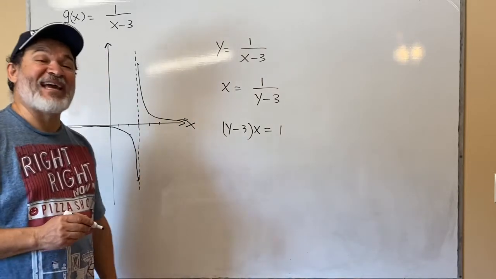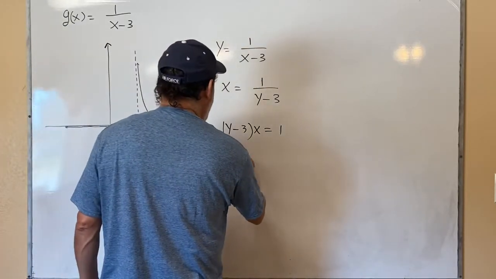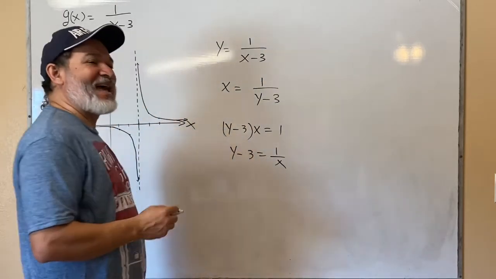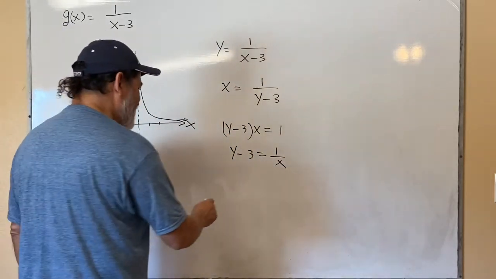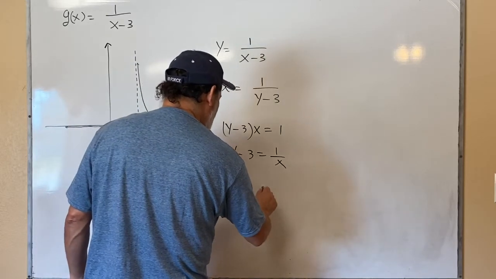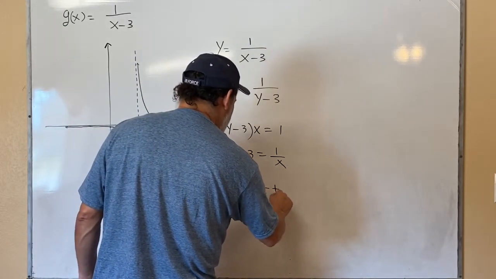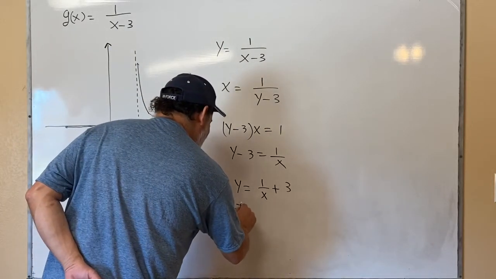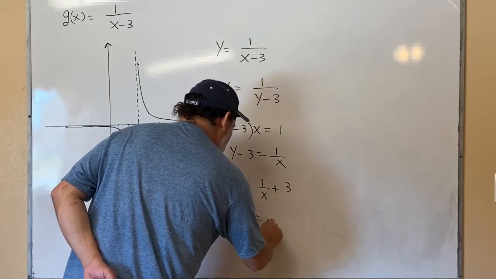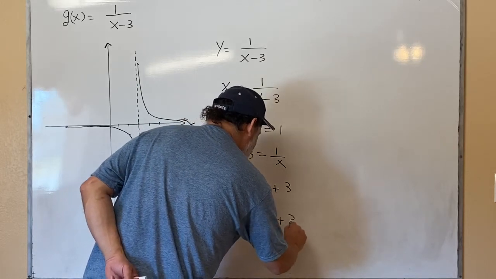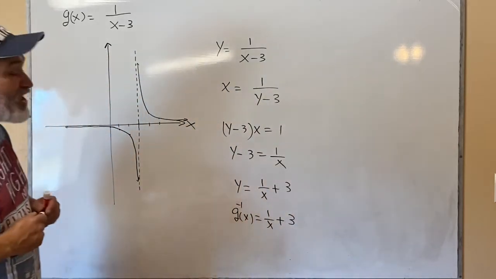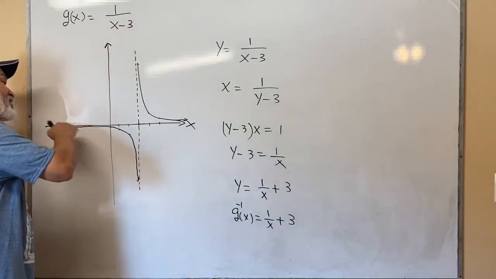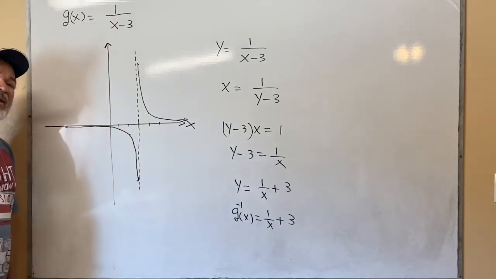Divide both sides by x. y minus 3 equals 1 over x. Add 3 to both sides. y equals 1 over x plus 3. And that's the inverse. g inverse of x equals 1 over x plus 3. And it does exist because it passes the horizontal line test.